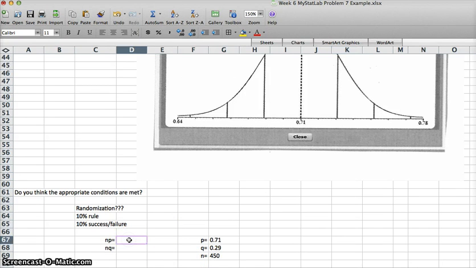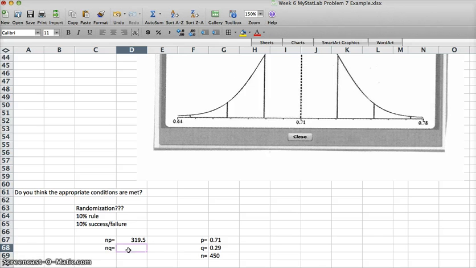So let's do that just to make sure. So equals N times P. So 319, well over the 10.